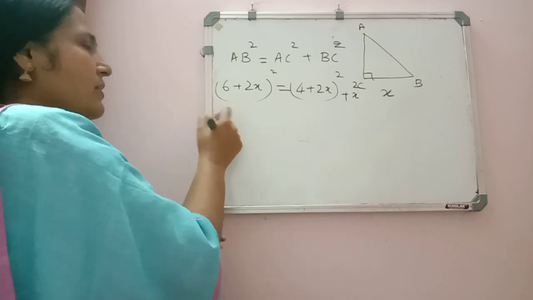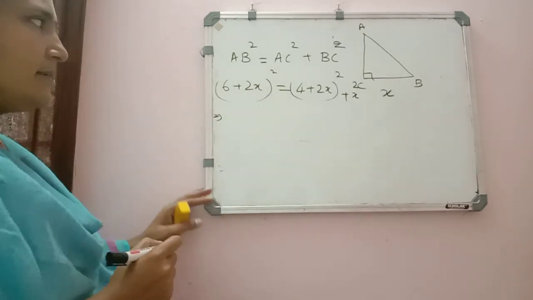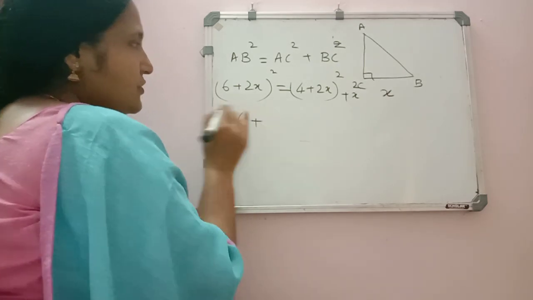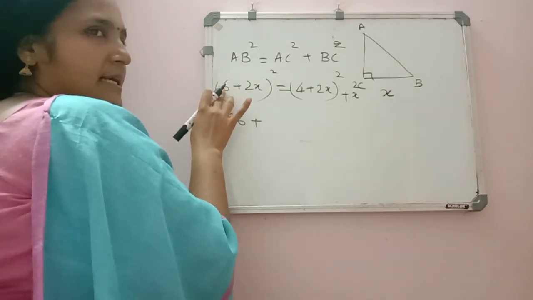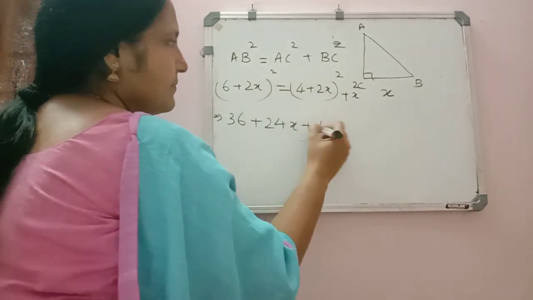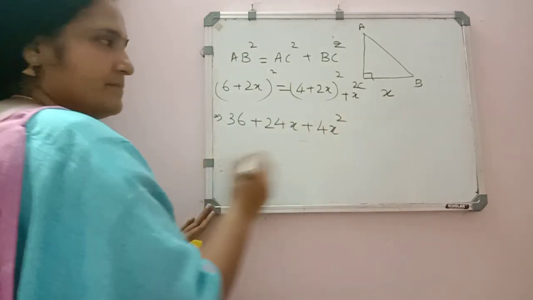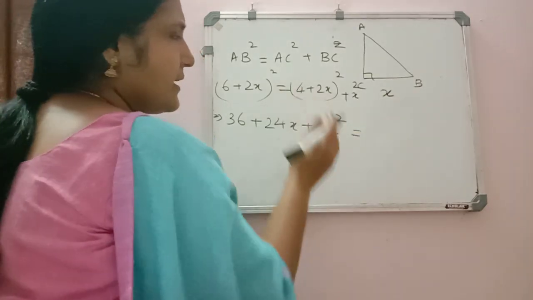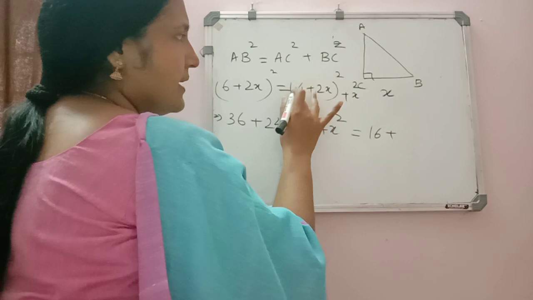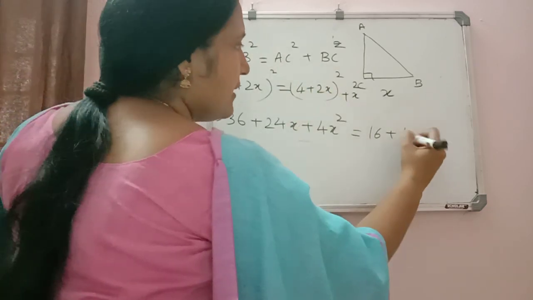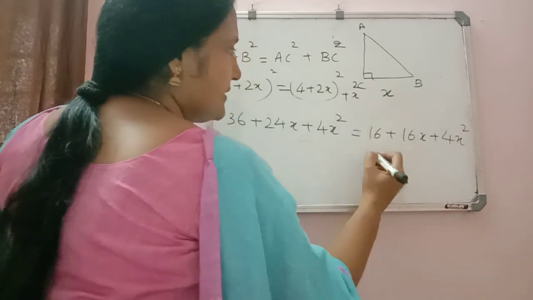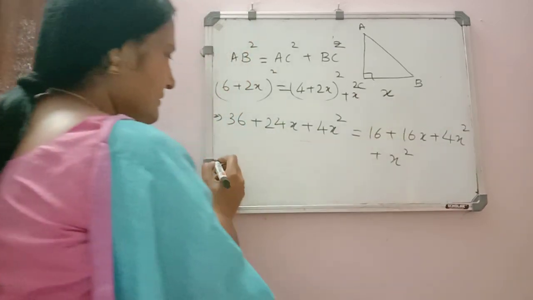Now we will simplify all the expressions using the identity. It will be equal to 36 plus 2AB, 2 into 6 is 12, 12 into 2 is 24x, plus 4x square, is equal to, again using the identity, 16 plus 4, 2 eights are 16x, plus 4x square, and plus x square as it is there.